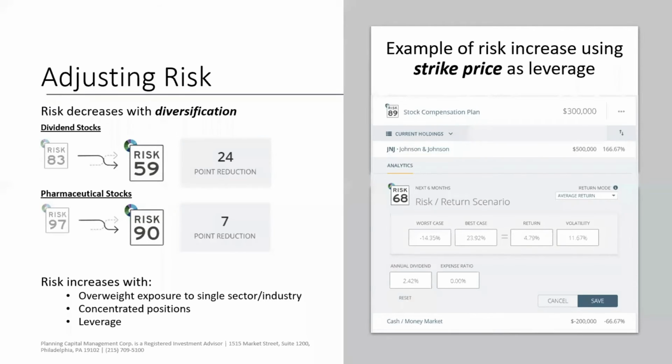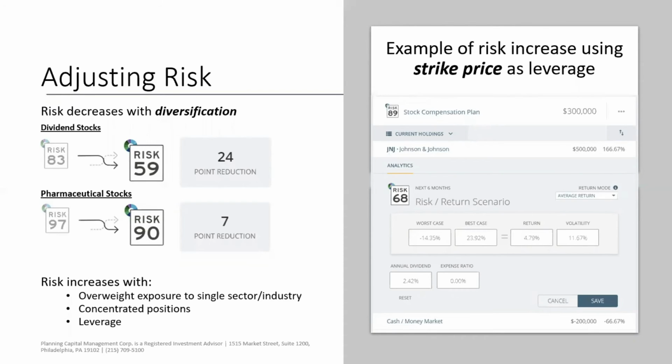For pharmaceutical stocks, you can see based on the ETF that we utilized in the example, individual holdings are around a 97, and the correlations create a 7-point risk reduction. It's going to be a lot more difficult to reduce risk when you have concentration in a single sector, which Jay is going to explain here in a minute.